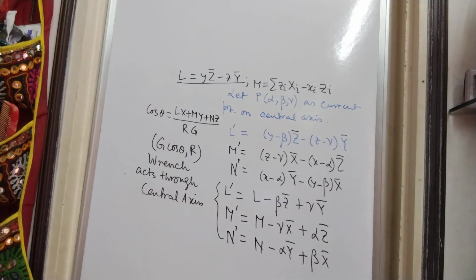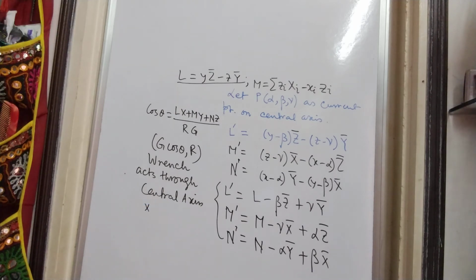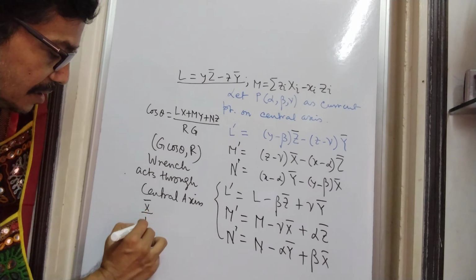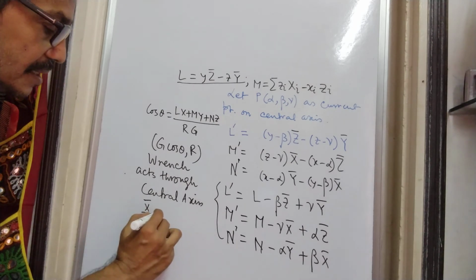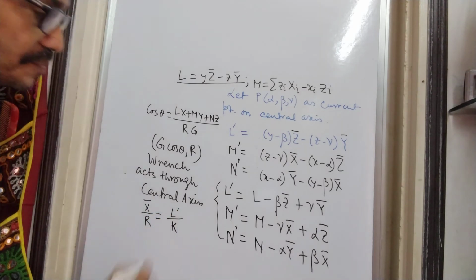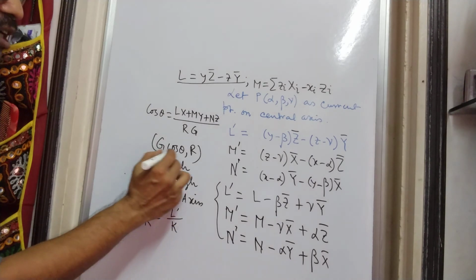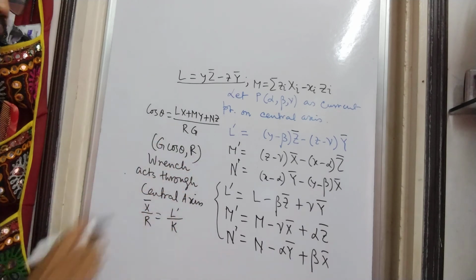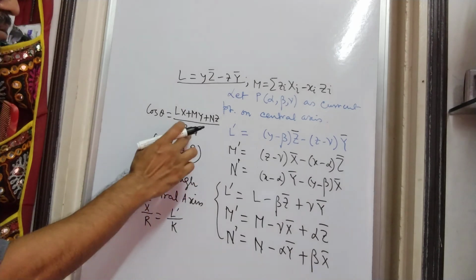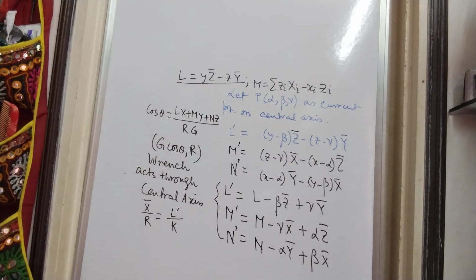we may write easily that X bar by R is the same as this L prime by k. What is k? k is this G cos theta, because they are on the same axis, and G cos theta or k has this expression Lx plus My plus Nz by R from here, isn't it so?